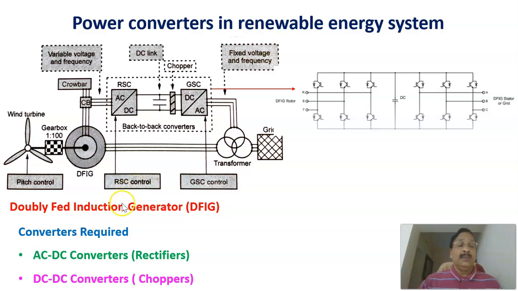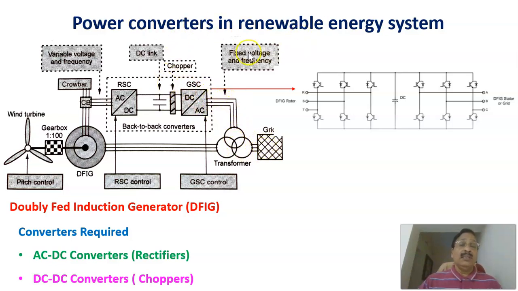If the speed of the rotor is more than the synchronous speed, super synchronous speed, the energy from the rotor is injected into the grid after this conversion. First it is converted into a DC quantity by this rectifier, and then that DC quantity is again converted into AC quantity and connected to the grid.